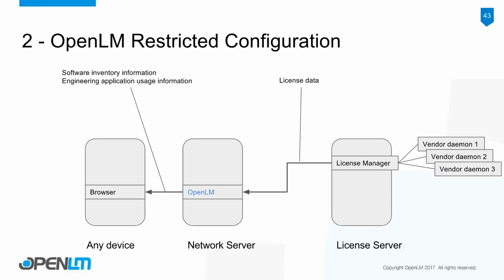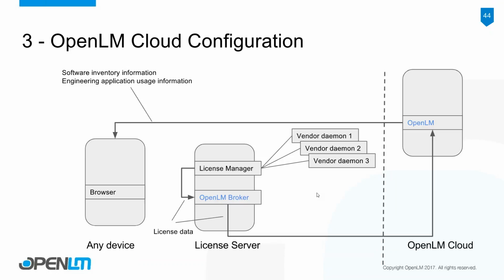So it's only used in cases where it's not possible to install anything on the license server. So only in that case. As you can see here, you can connect OpenLM directly to your license manager, but this is the restricted configuration. It's only if you cannot install anything on the license server, which sometimes happens.